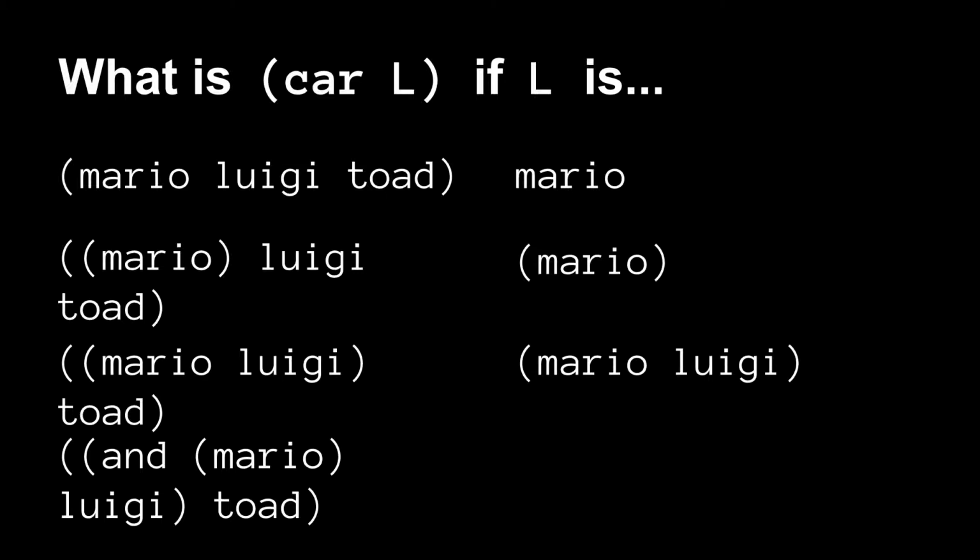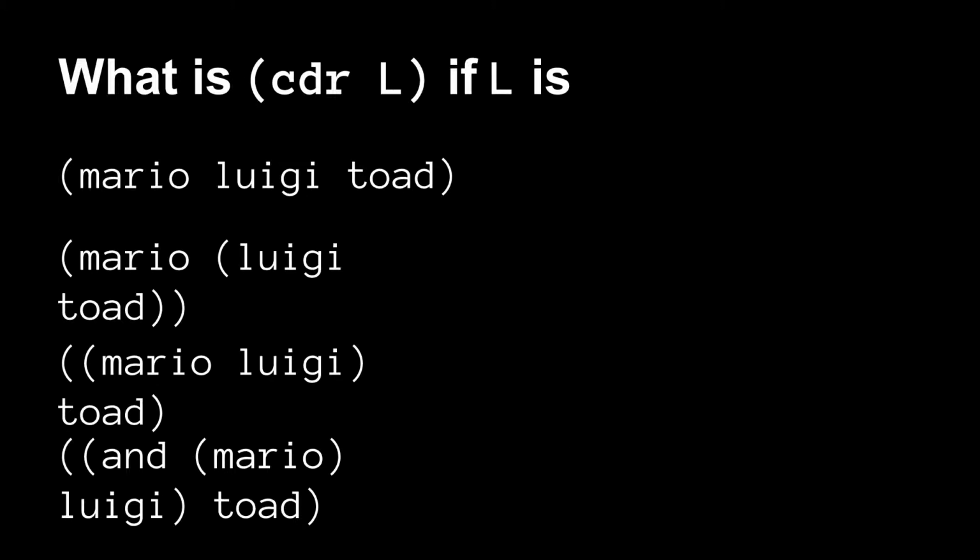And finally, you have a list of AND, which has the element, the list of Mario, and just the atom Luigi. Well, car of L of this will be that first part. Pretty simple.